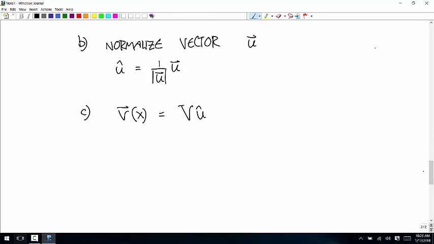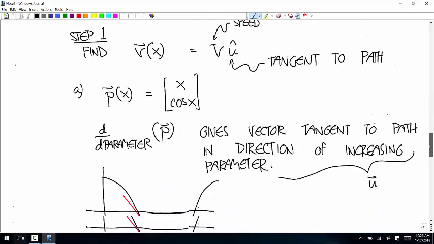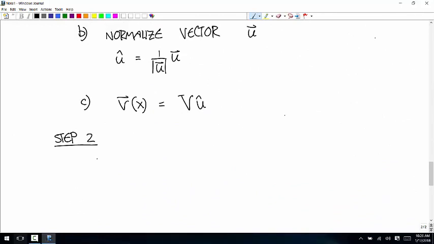And now that you have velocity as a function of x or whatever position variable, step 2 is just doing what we did before. The acceleration as a function of x is dv dx times dx dt.